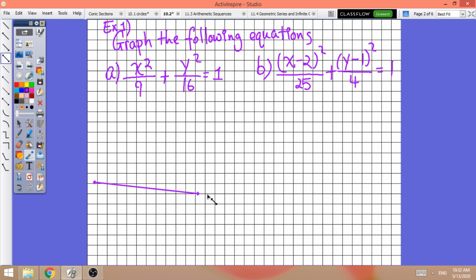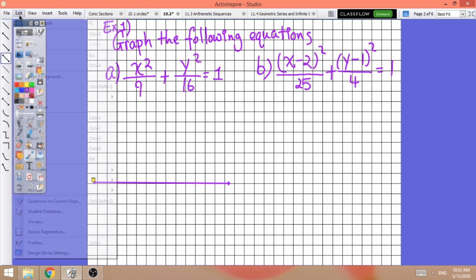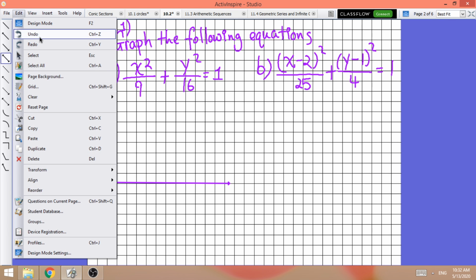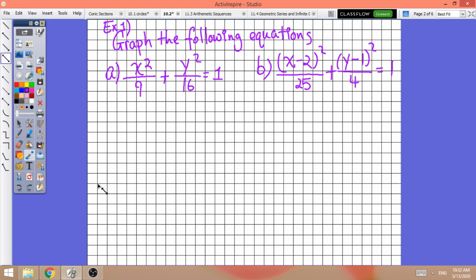I just want to make the template first, the template for the x-axis and y-axis. Let's just redo the line here.